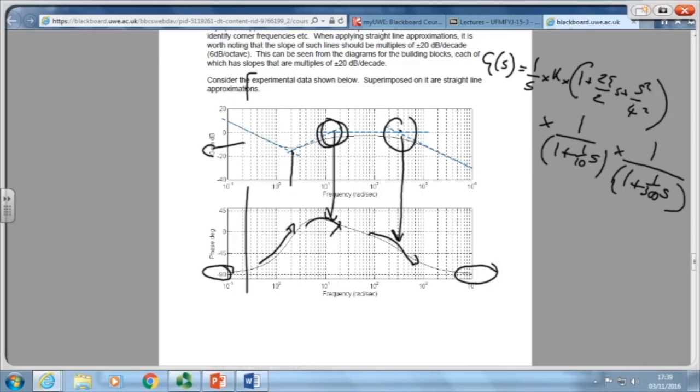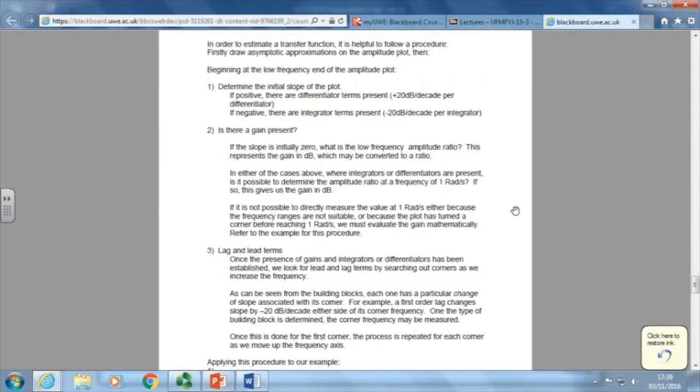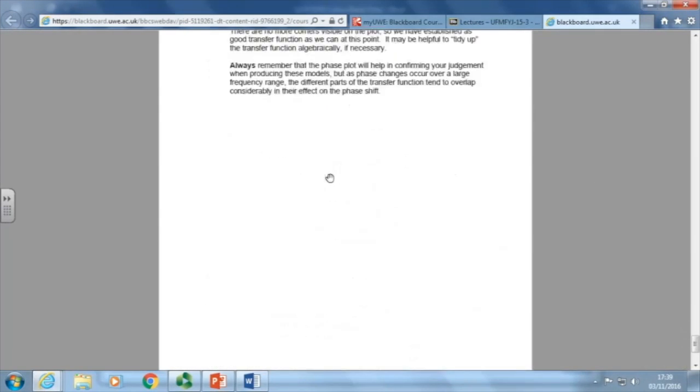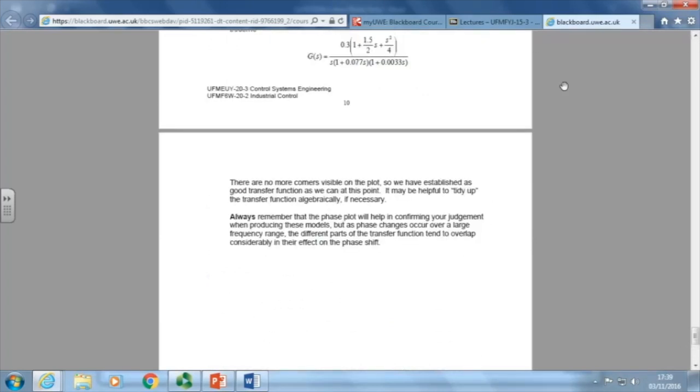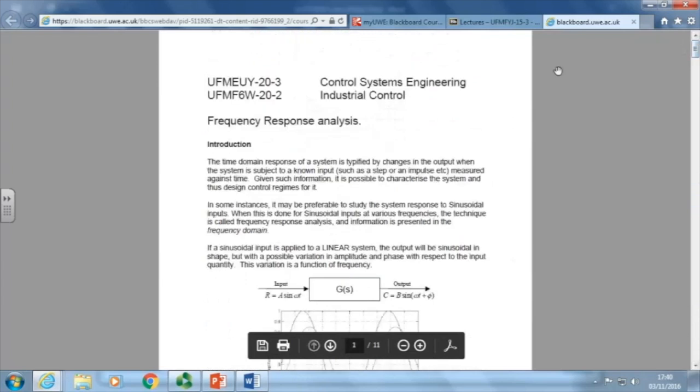And you can pick up a few extra bits of information about things like zeta, because that phase change corresponding to the second order bit there is quite fast. So that suggests a small zeta. And it talks all the way through the thing that we've just done in there. So that document linked to this lecture basically goes through, and this is how you do it.